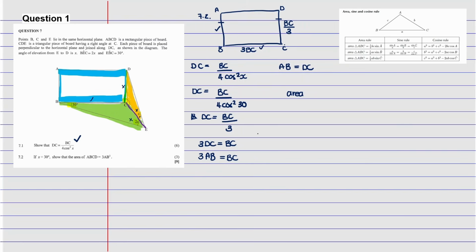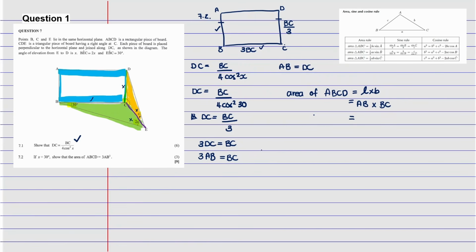So with that said, I can find the area of ABCD, which is going to be the same as length times breadth, right? Our length is AB, multiplied by BC.